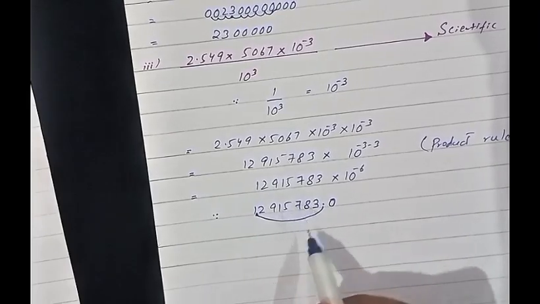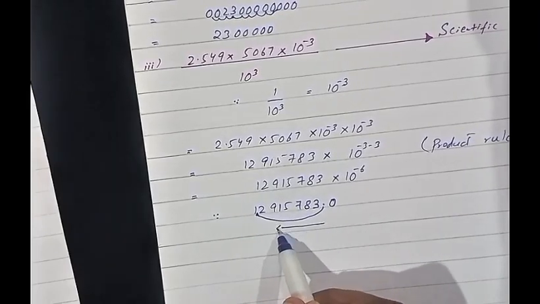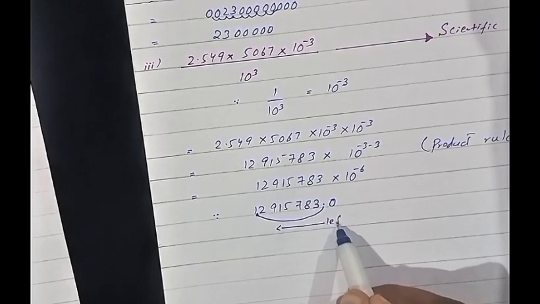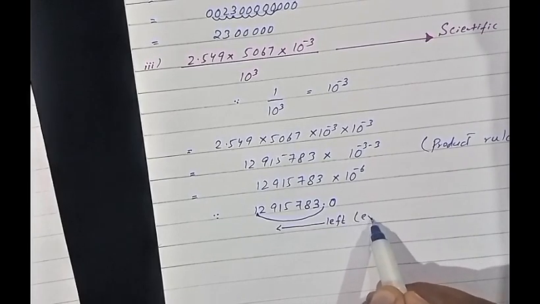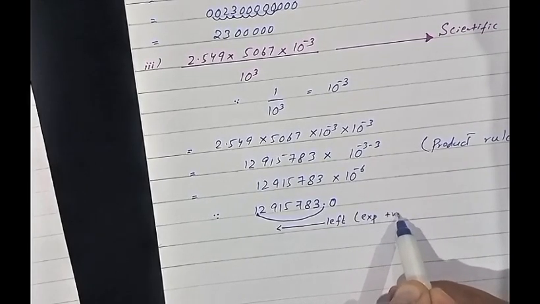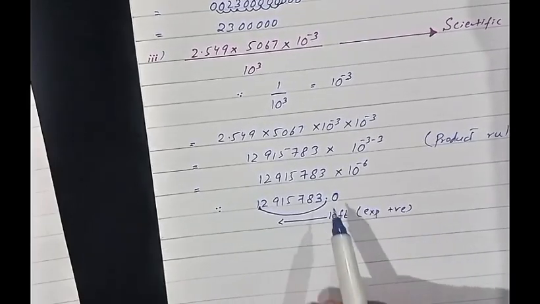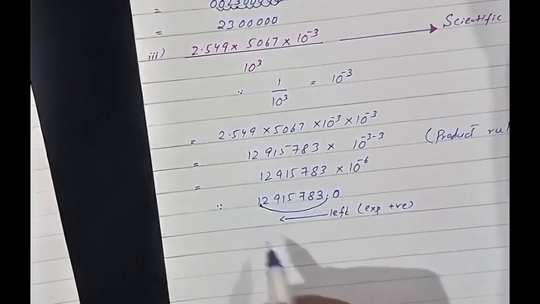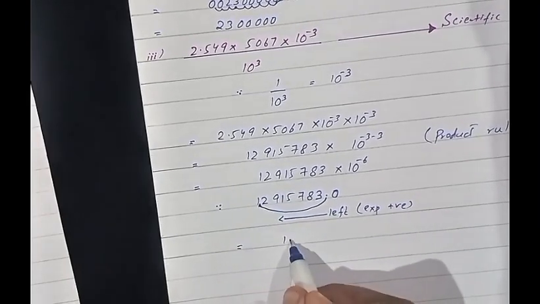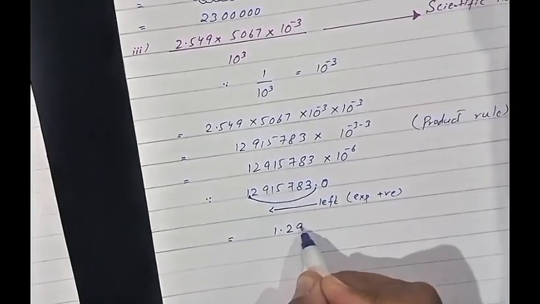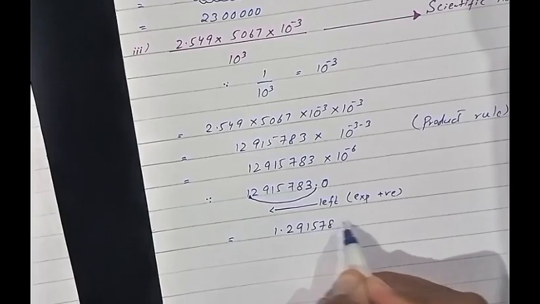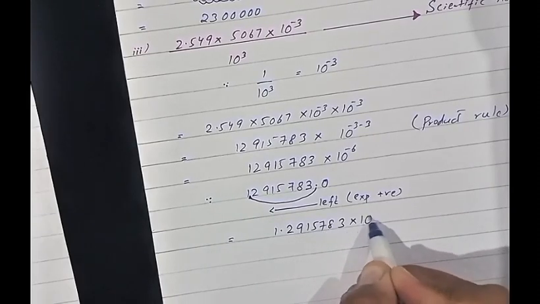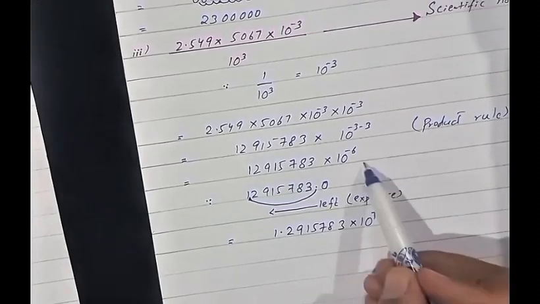As it moves to the left side, the exponent is positive. Counting the number of digits to the left side, 1 2 3 4 5 6 7. So we write it in scientific notation as 1.2915783 multiply 10 power 7.